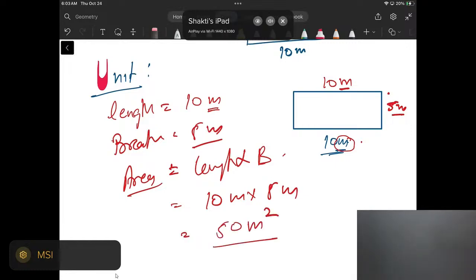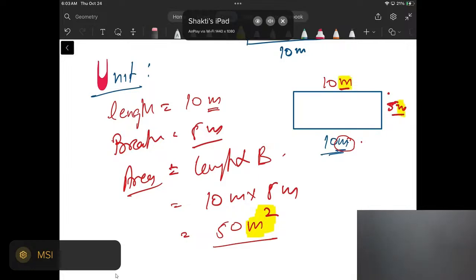The point I'm trying to convey is that whenever you are computing anything, like area, and you write the length, its unit should be written along with it.